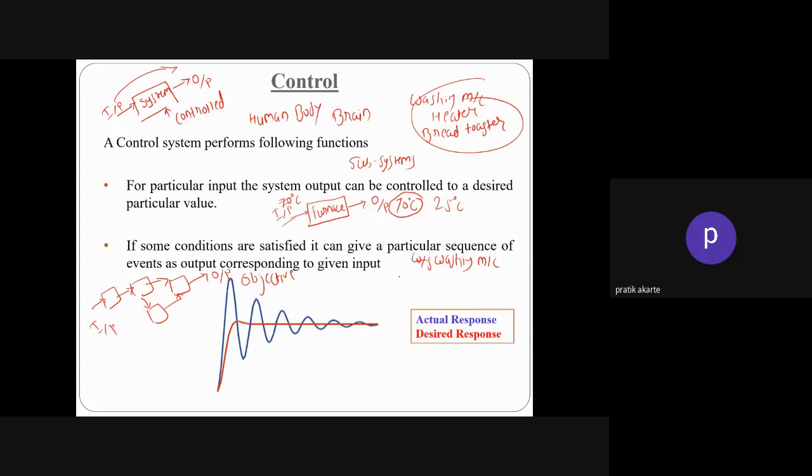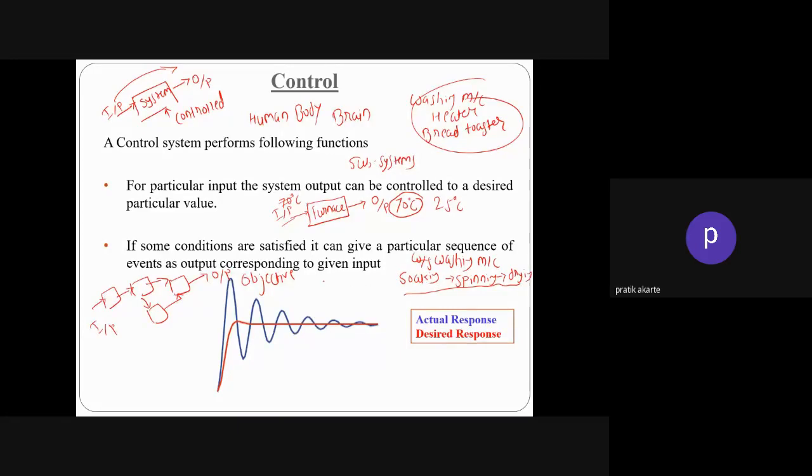If we have these three inputs, then a particular sequence of events occurs: first the soaking of the cloth, second spinning, then drying, etc. So this particular sequence of operations is performed for the given input.